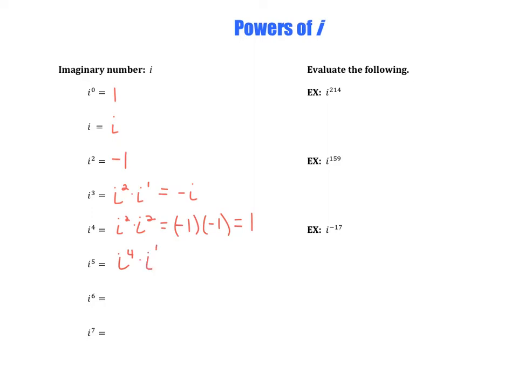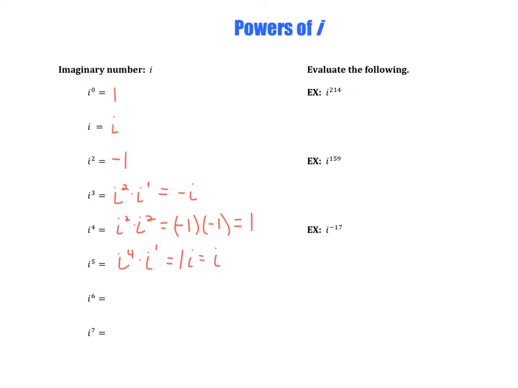All right, well, we know from up above, I to the fourth is 1, a positive 1, and I is just I. So in other words, I to the fifth simplifies to I. And if we had used any combination of the prior I evaluations from up above, as long as our rewriting right here equaled I to the fifth, if we go through and simplify, we'll end up with the same conclusions over here. Okay, and we can pick any of them. There are many different combinations that would work. I'm just picking some off the top of my head.